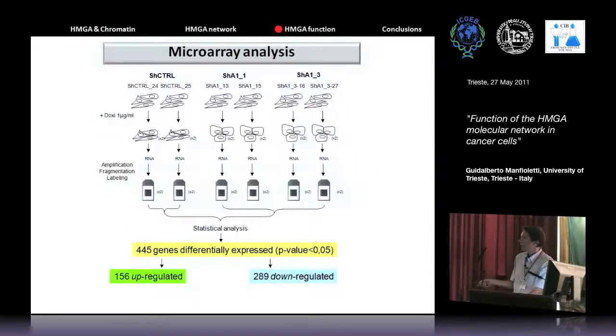The result of the microarray experiment is consistent with the morphological changes that we observed.